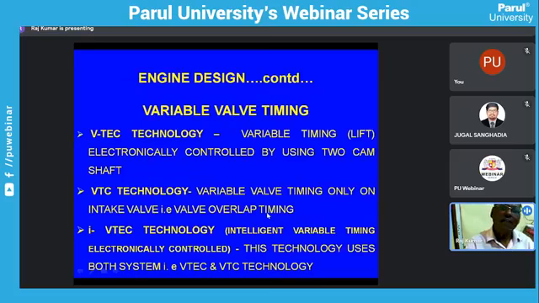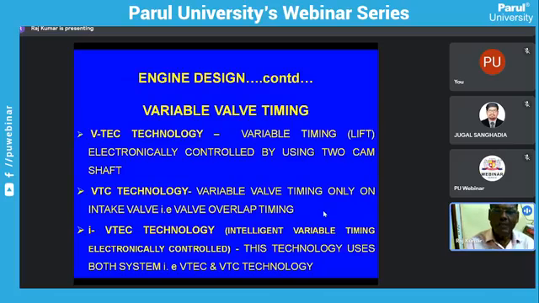There are three types of technology in recent engines: VTEC technology and VTC technology. VTEC technology is where only the lift, the duration of the valve lift, is controlled. And VTC technology controls what time the inlet valve should open, or what the valve overlapping is.